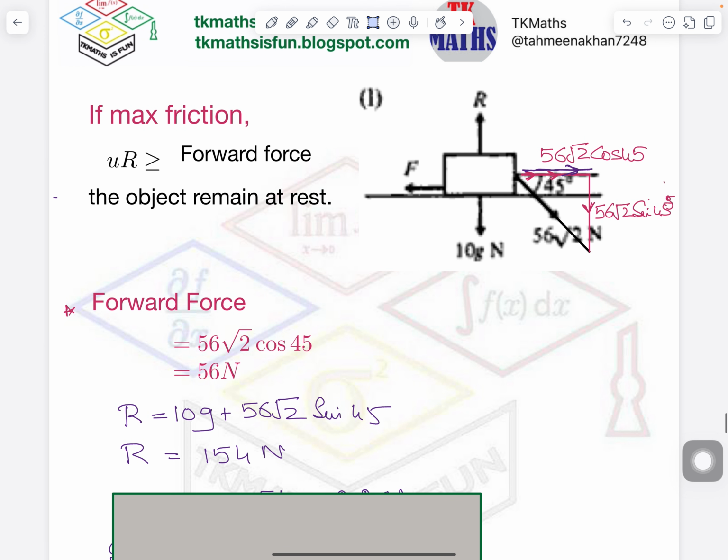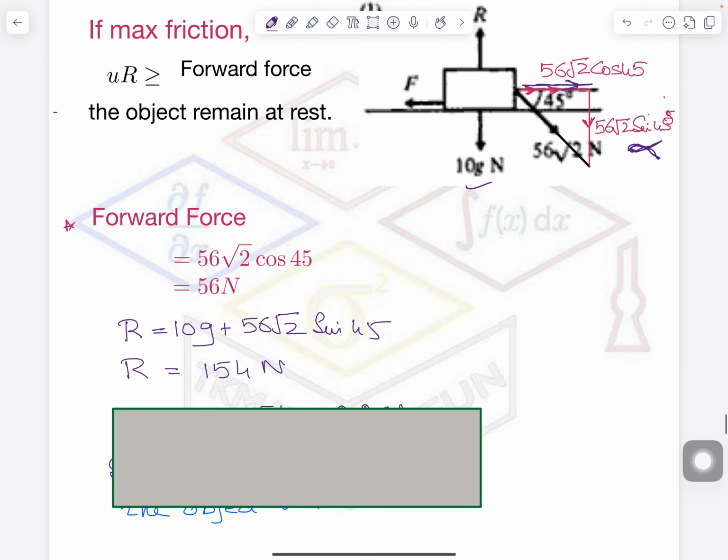And we will calculate R. In this case, the upward force is 10 Newton, but the downward force is 10 G and 56 root 2 sin 45. Please remember, this is a common mistake made, that students forget to add this as a downward force. So in this case, the equation will become this, and you will calculate R, which is equal to 154.